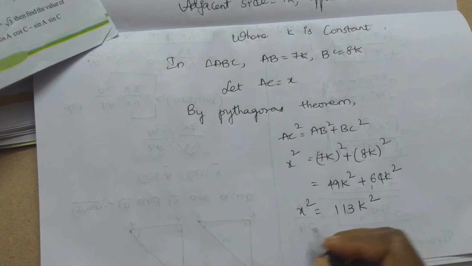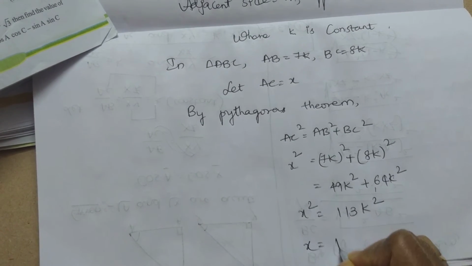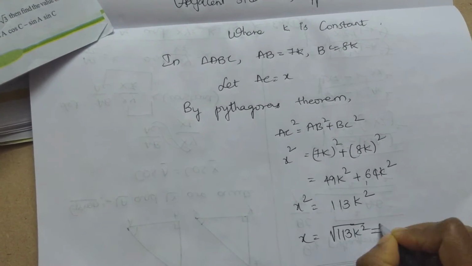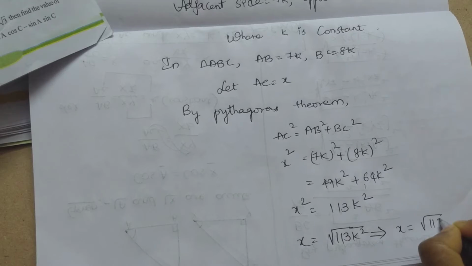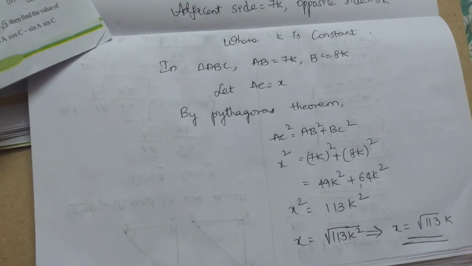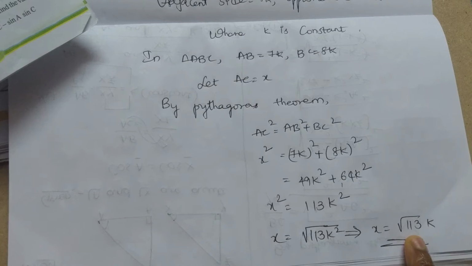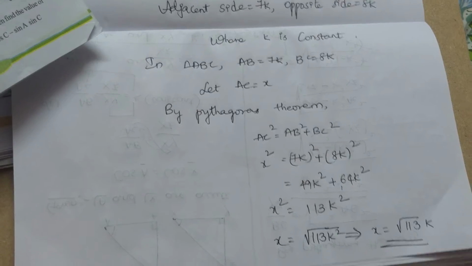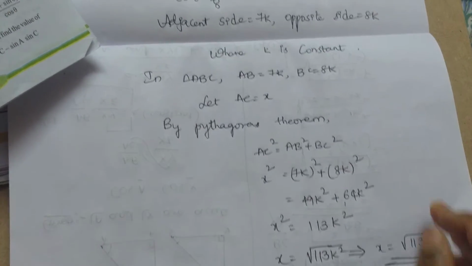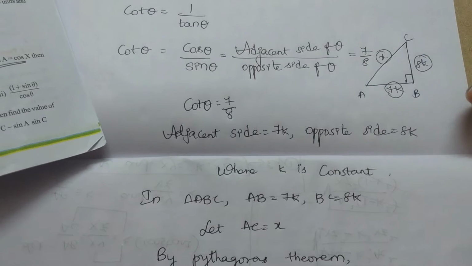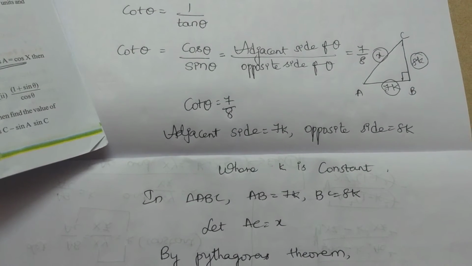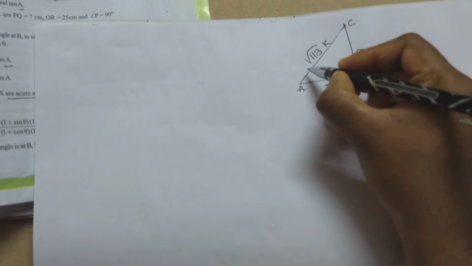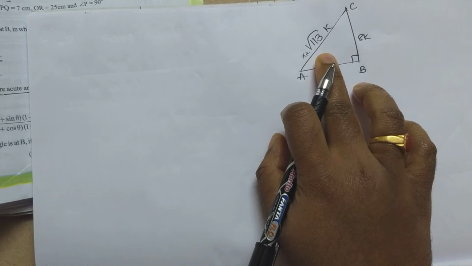So x square is 113k square, and x is the square root of 113k square, that implies x equals square root of 113 k. Since 113 is an odd prime number, you don't have a perfect square. Clear? So x, which is the hypotenuse, is root 113 k. Here I have just drawn the same triangle, but in the place of x I have written root of 113k, which we just solved.